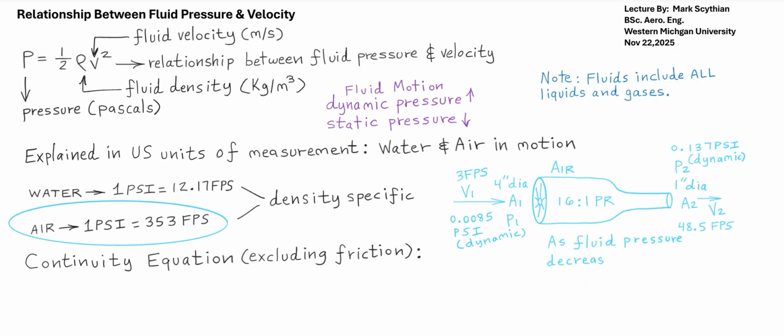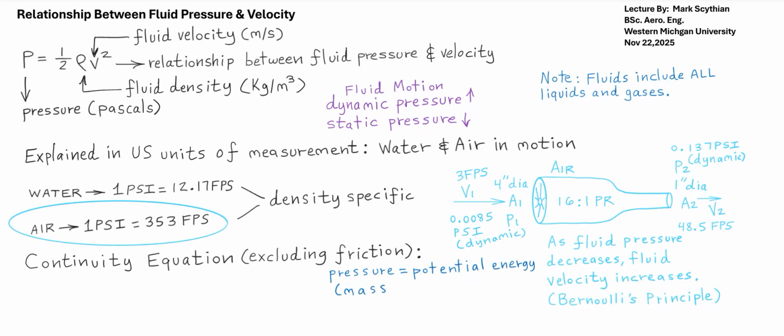So as fluid pressure decreases, fluid velocity increases. So this is Bernoulli's principle. And so pressure represents the potential energy and also the mass. We have more mass moving at slower velocity, so it's pressure dominant.